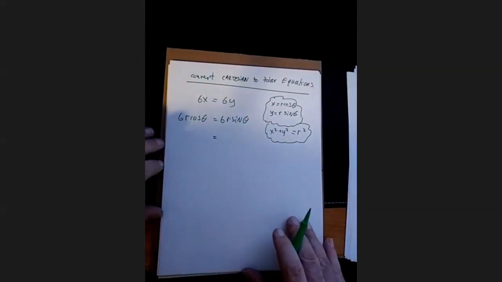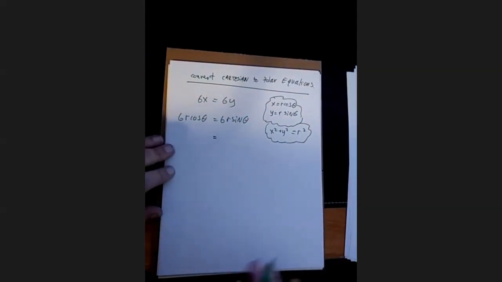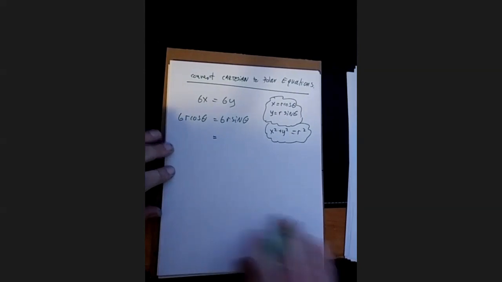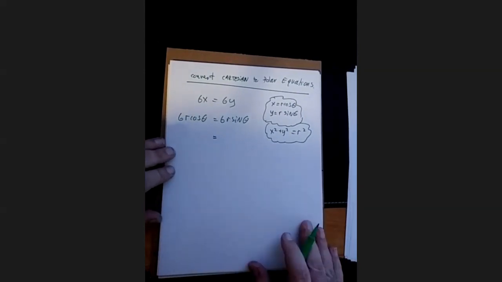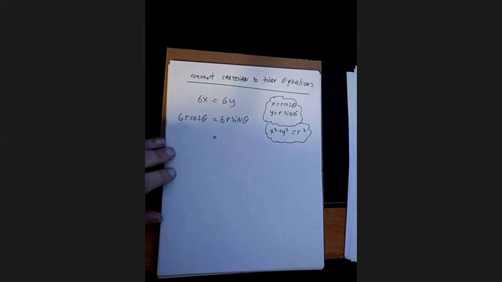If you can, or if nothing else, get it at least. You typically try and get r by itself, but that isn't going to happen in this question, but typically you do. And if you can't get r on its own, at least make it simpler, right? Reduce it to the point where you can write it in its simplest format. So r equals or theta equals would be your goal. In this case, it's eventually going to be a theta equals.